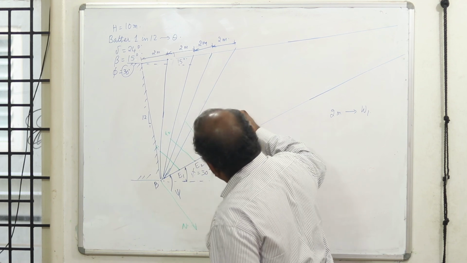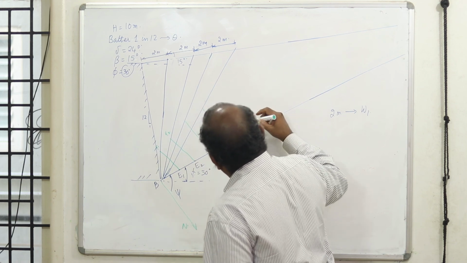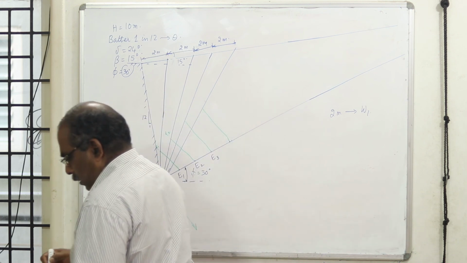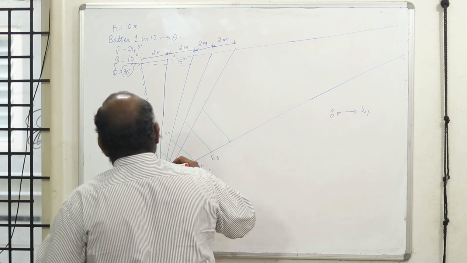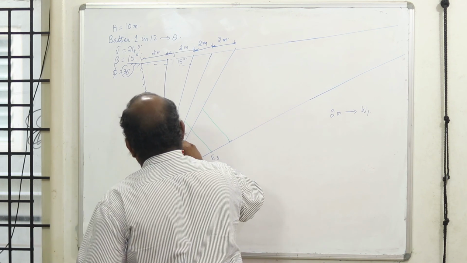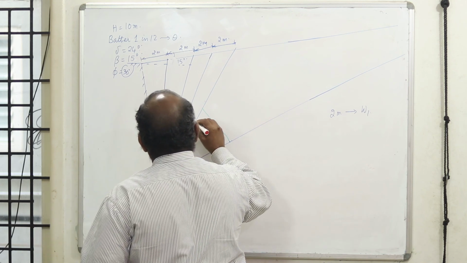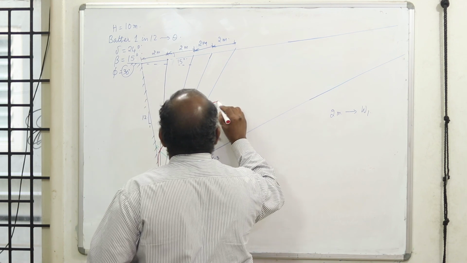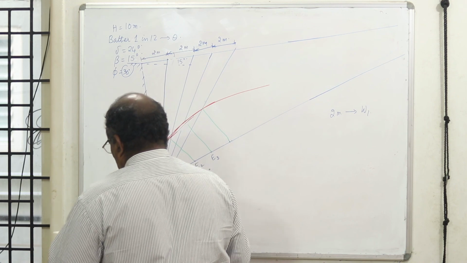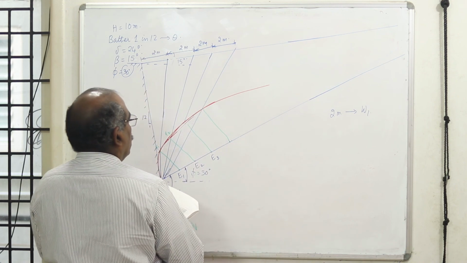Similarly, draw parallel lines. Okay, now what's happening? My construction is not proper, doesn't matter. It goes like this, and later the value reduces.